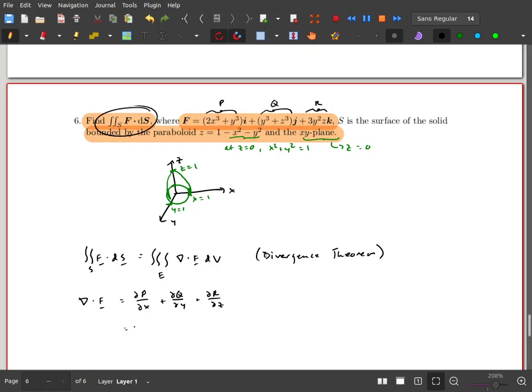So then let's take those partial derivatives. So 2x cubed plus y cubed plus partial y, y cubed plus z cubed. Okay, so let's do all of that.